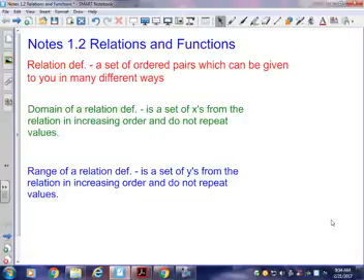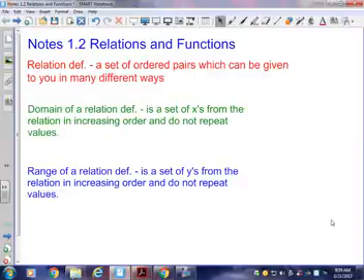And then range of a relation is a set of y's from the relation in increasing order, and they do not repeat values. So that means, like, if you have 2 y values that are both 2, you only put 2 in there one time. If you have 2 x's that are -5, you only put -5 in there one time. So we don't repeat the values when we list them for the domain or for the range.